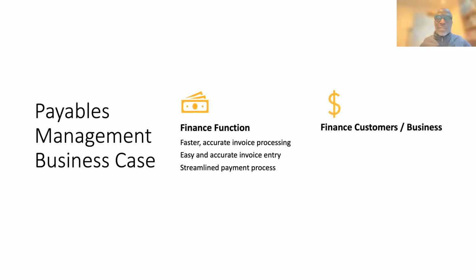And also the payments, they want payments to be streamlined. So all these are examples of what the business will come to you and say, this is the finance function, and these are the reasons why we want this to be done. So for example, payables management could be, we want on-time payments. We want something that is robust. We want something that is end-to-end.